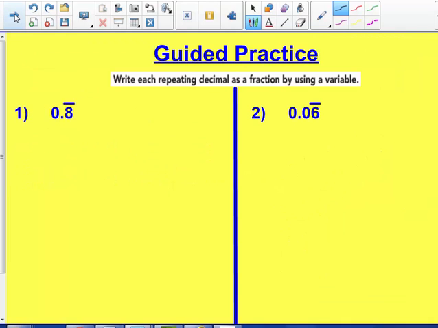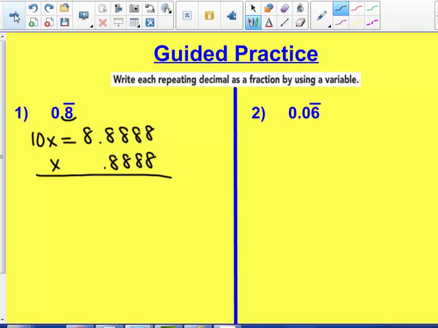So the next example, we got a couple more. How would I change 0.8 repeating into a fraction? And you'd say, if I multiply it by 10, I would get 8.88888888 repeating. If I just leave it how it is, I get 0.88888888 repeating.